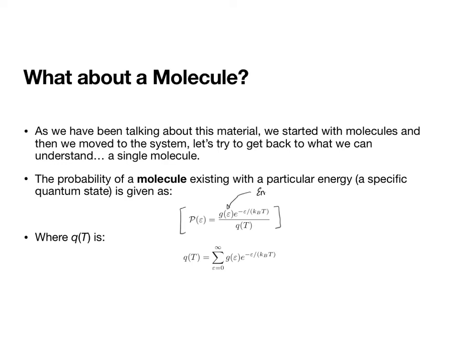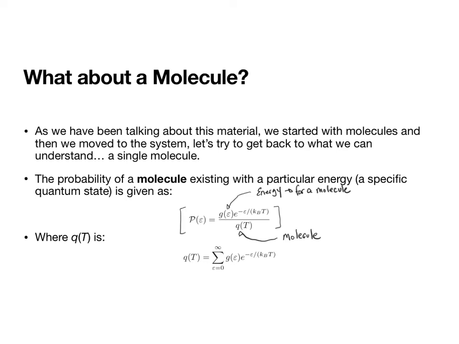This is energy, but this is energy for a molecule. We will use the capital E to indicate the energy for the system, that more total energy. And notice how we have Q of T here. We use capital Q of T for the system. This is going to be for the molecule level.